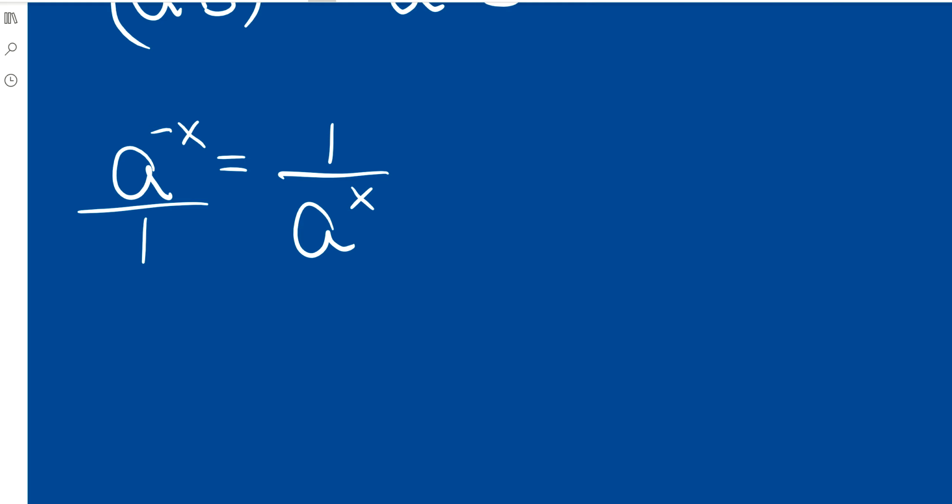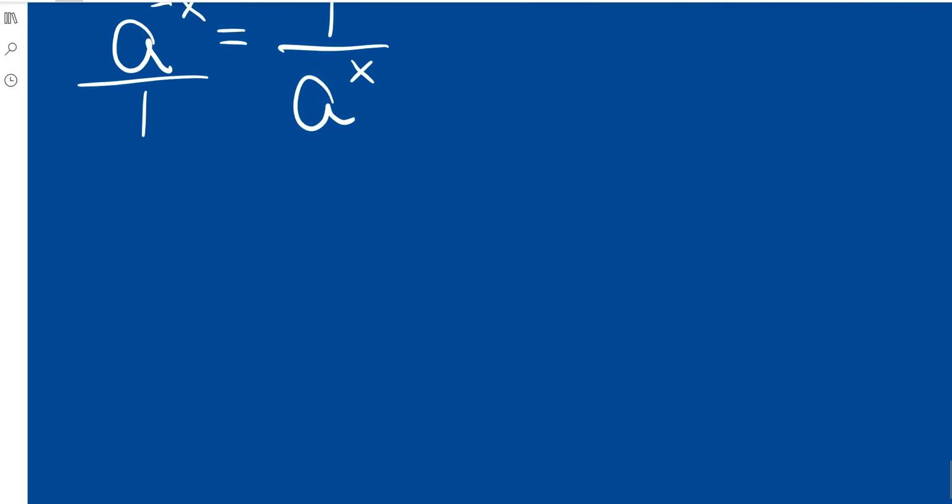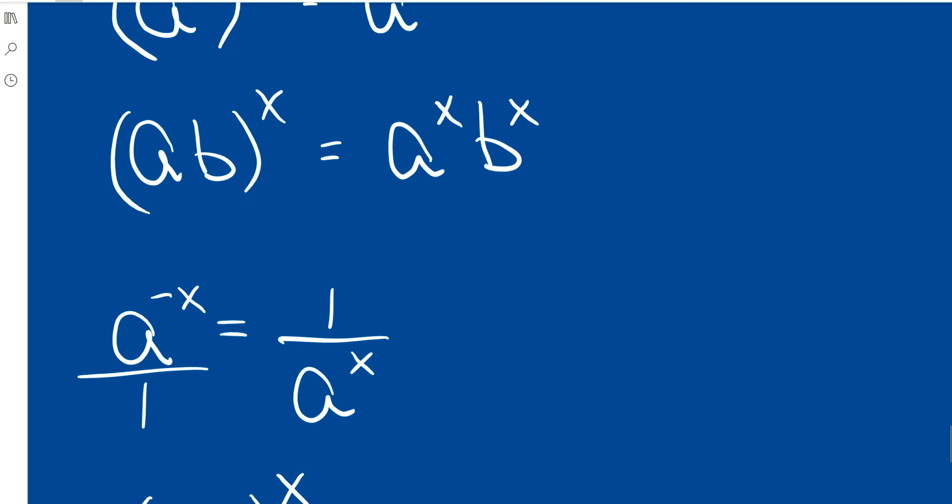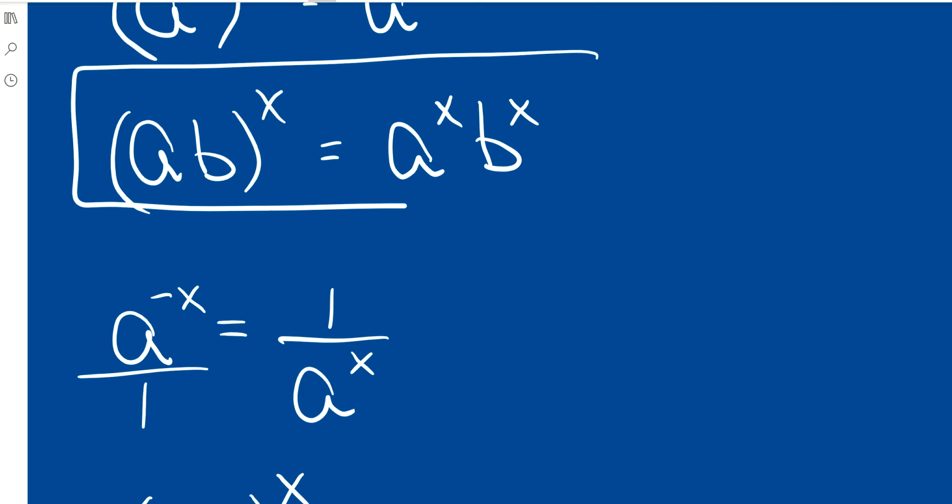Okay, fair enough. Then we've got something of the nature of a over b, and it's raised to the x power. So just like the one we had here for multiplication, this is one for division, and we treat it the same way.